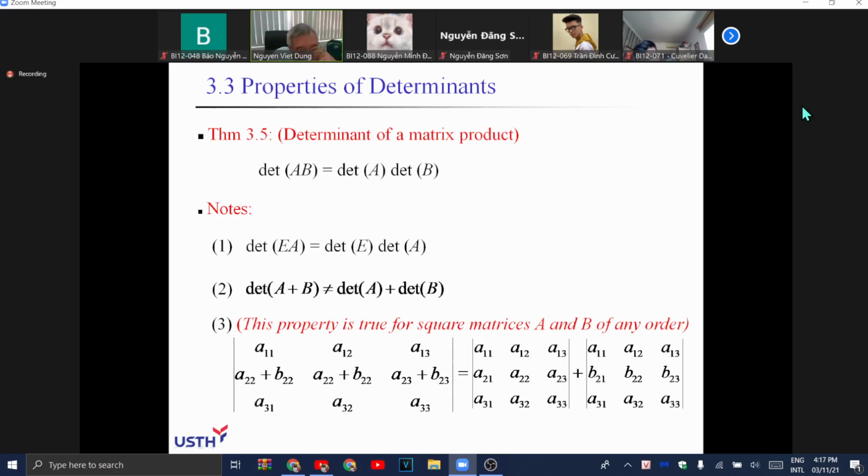It wants to say that if you have one row of the matrix, and in that row any entry is the sum of two terms like that, then the determinant will be the sum of two determinants like that one.